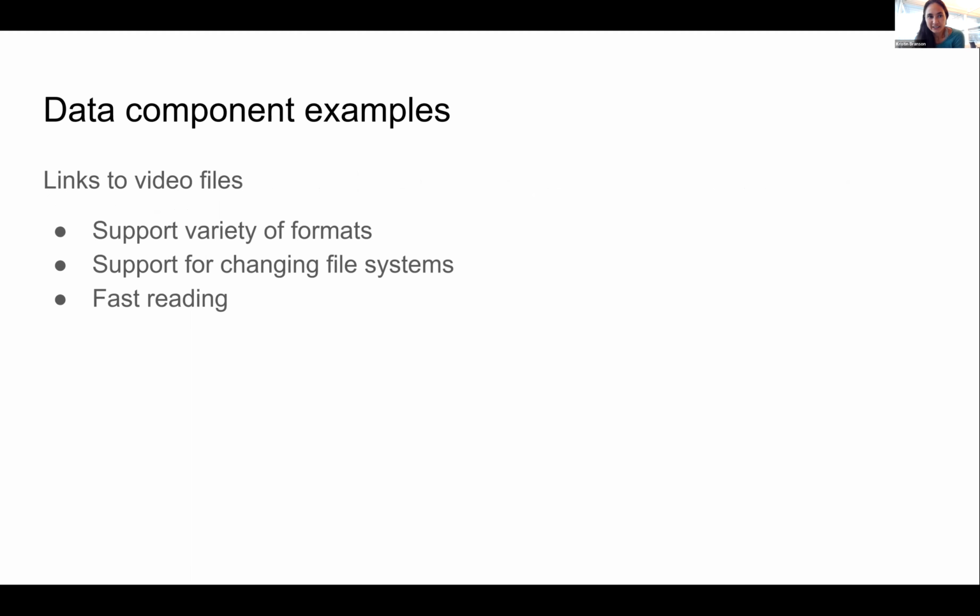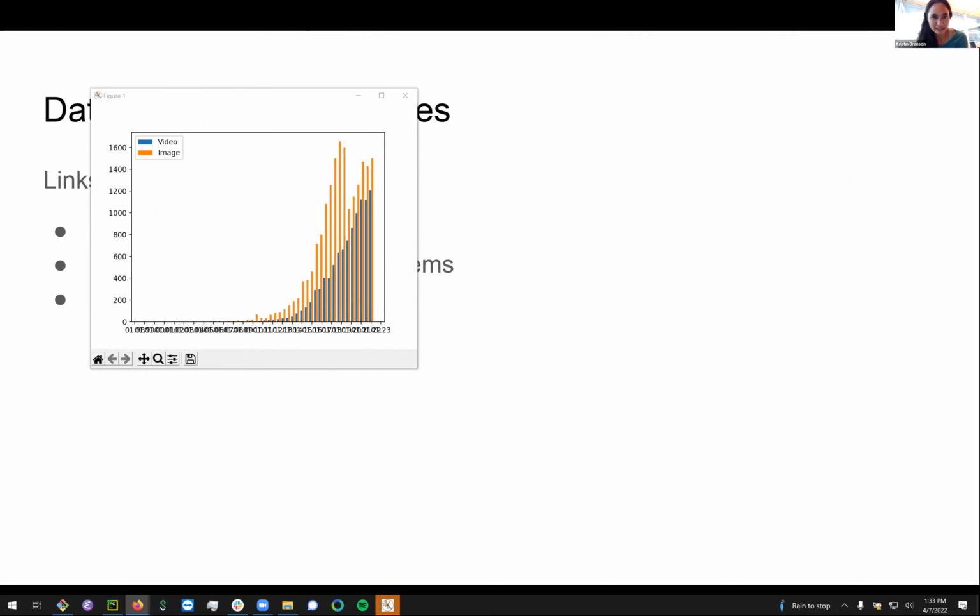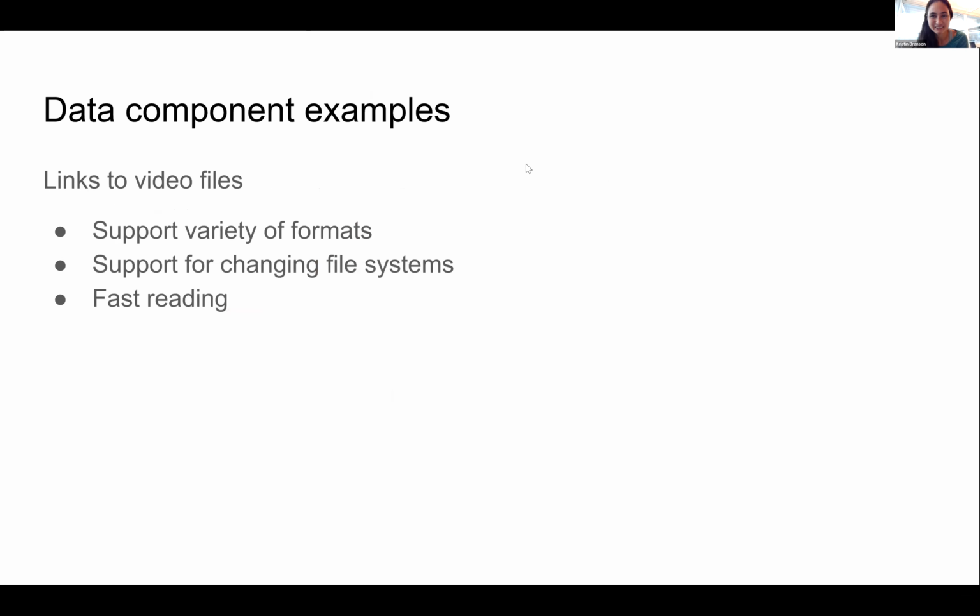And then the second layer is the data component. And there's a bunch of different types of data that we would like to be able to support. One of the things that's really annoying that everyone has to deal with when they work with video is being able to read lots of different video formats and lots of different video codecs.